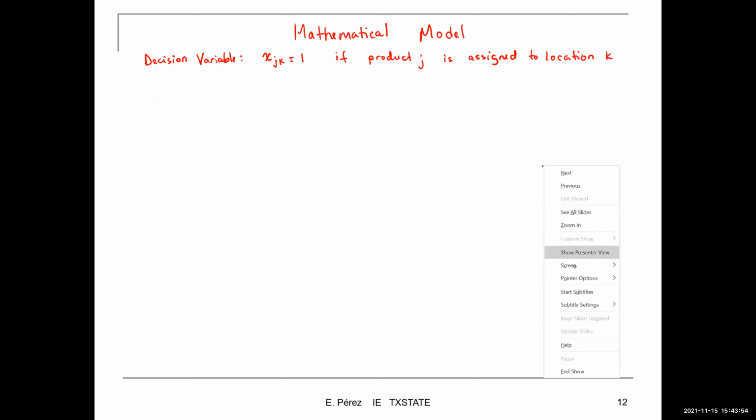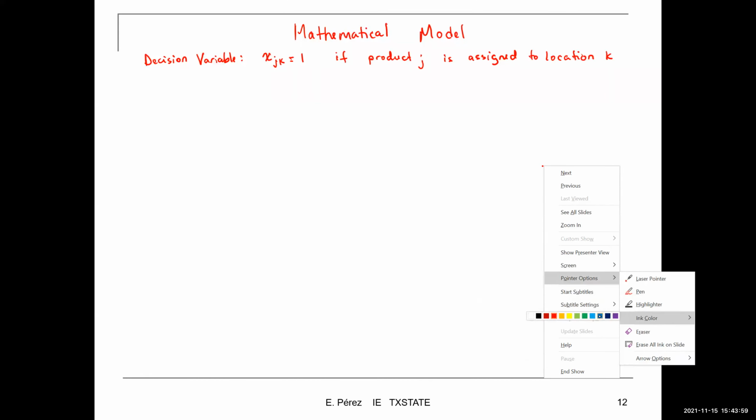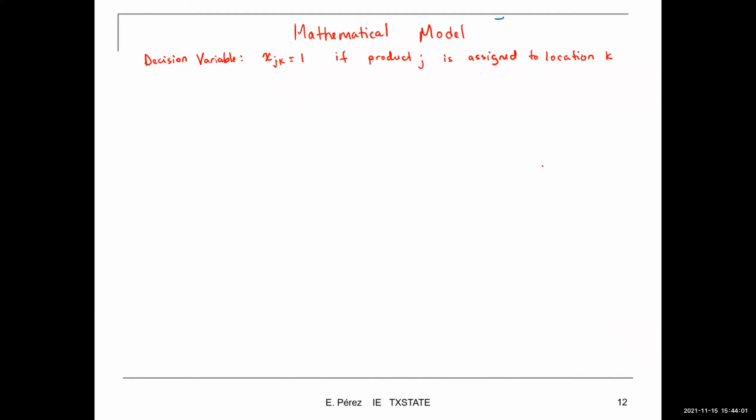So in this model, J is the set of products and K is the set of locations. So capital J is representing a set of products.